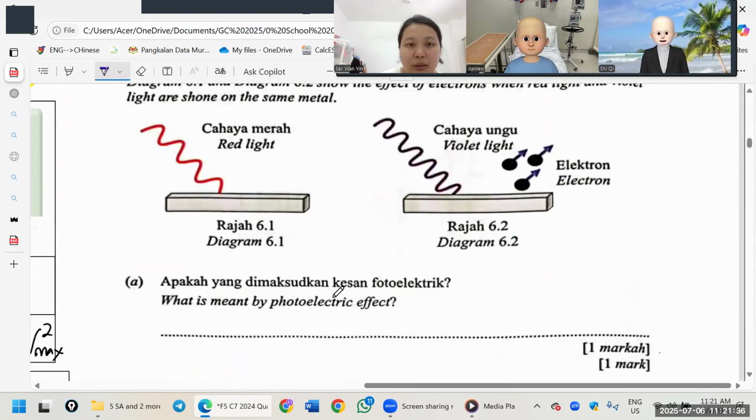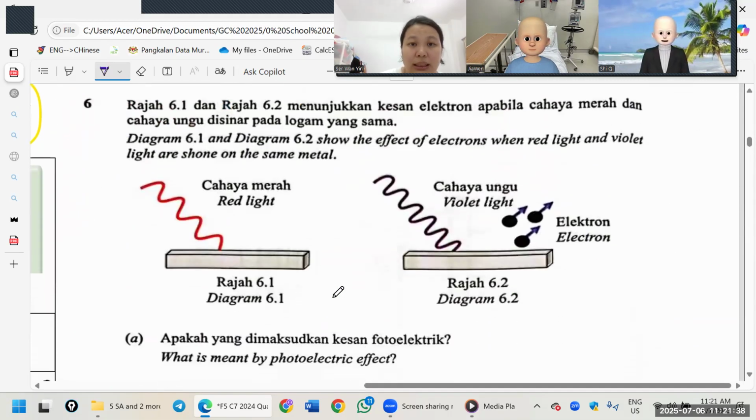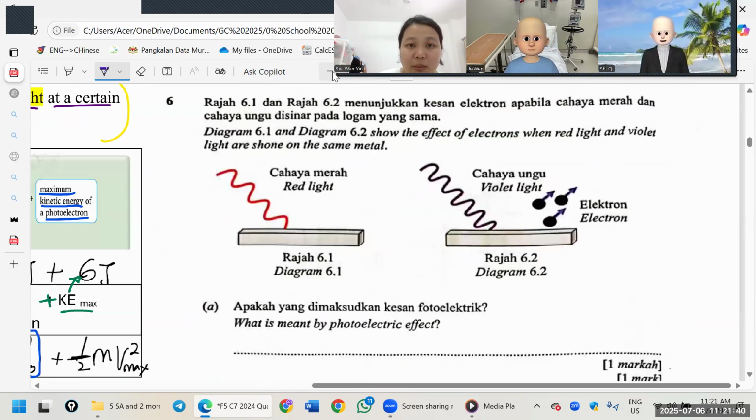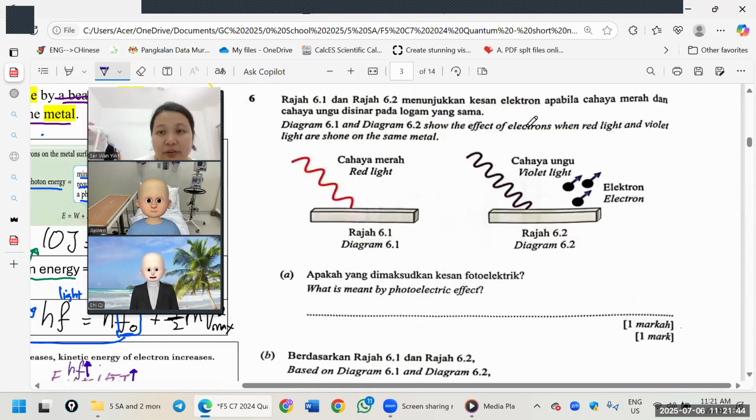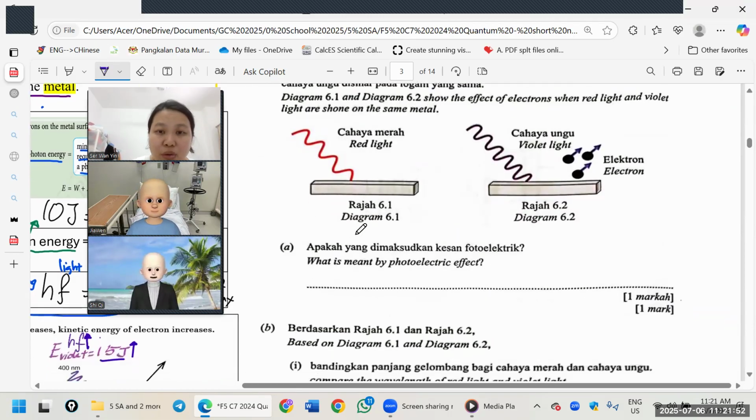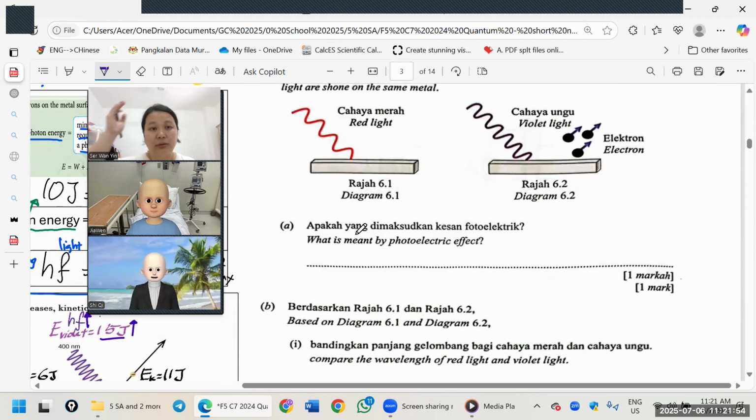Now we directly look at the question first. Diagrams 6.1 and 6.2 show the effect on electrons when red light and violet light are shone on the same metal surface. Same metal. What is meant by the photoelectric effect? You can write now.